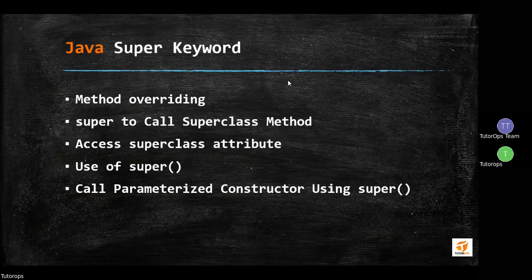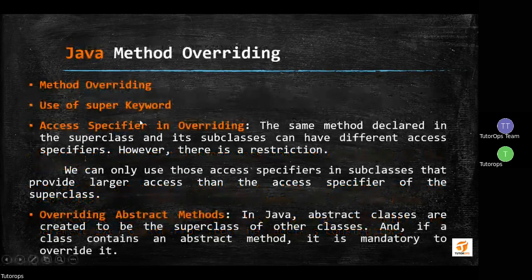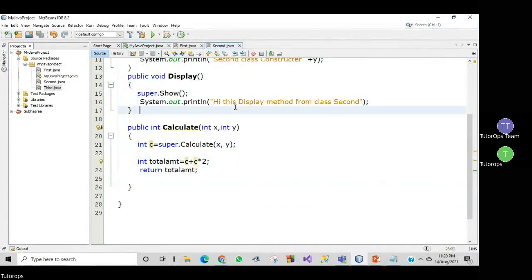I'll go on to explain the protected access modifier, which is pending. They have already mentioned the access specifier for overriding. That I'll tell you. Just one minute, I am giving one example.